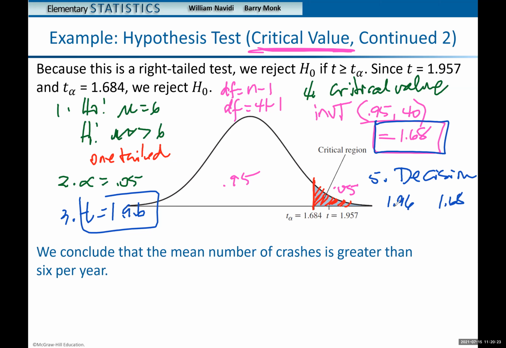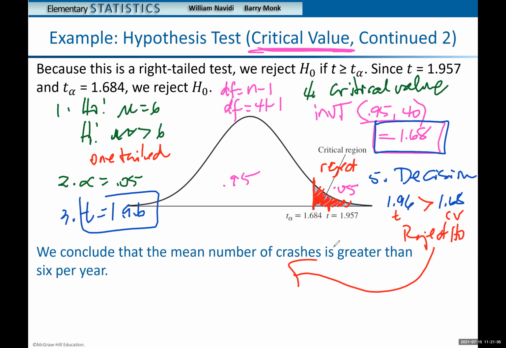So you're comparing your t and your critical value. Is 1.96 greater than or less than 1.68? Greater than. And this is 1.96 here. It's on the shaded part, and the shaded part is the rejection region. If it's on the shaded part, or if it's greater than, then this is reject H0. And then this is your conclusion.